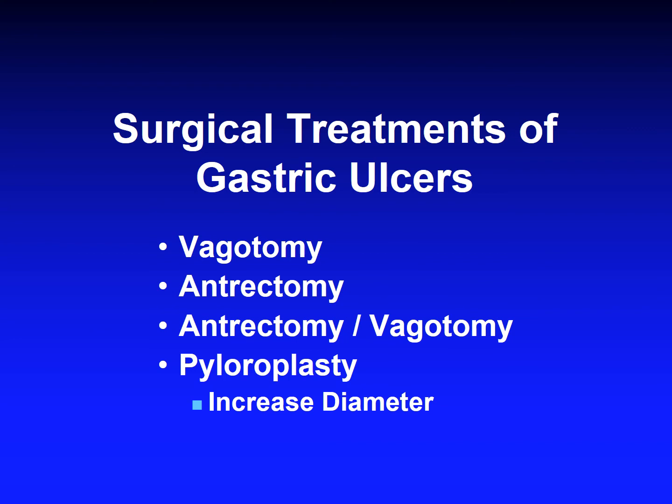We can cut a branch of the vagus, and we can also cut part or all of the antrum. We call that antrectomy. The antrum is part of the stomach, and that's where the parietal cells are located, and that's where they secrete the acid. So when we cut the antrum, that is also eliminating the source of parietal cells in the stomach, which will reduce gastric acid secretion.